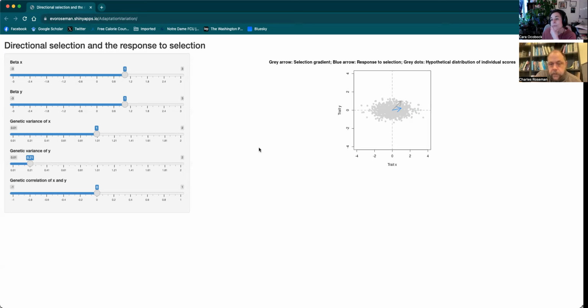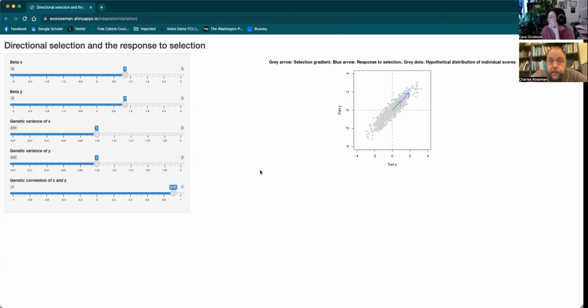Okay, so would you please take the Y variance back up to 1 or so? And would you mind setting the genetic correlation of X and Y to some absurdly high value, 0.8 or something like that? All right. So look at that there. This is kind of interesting.